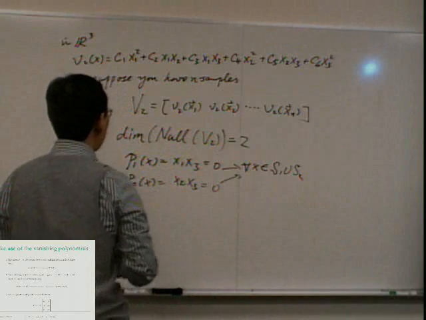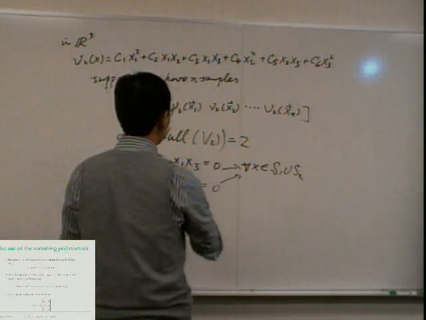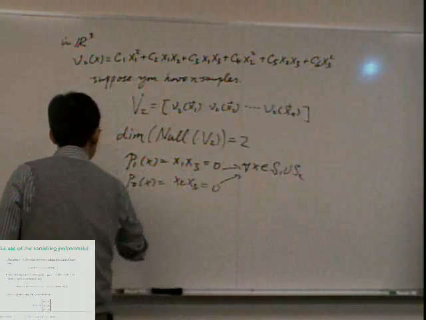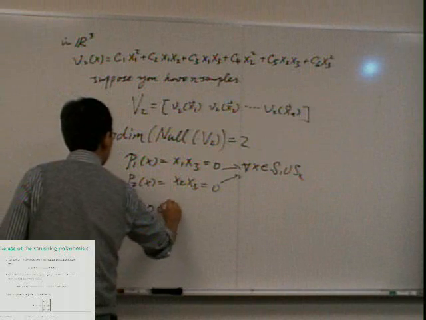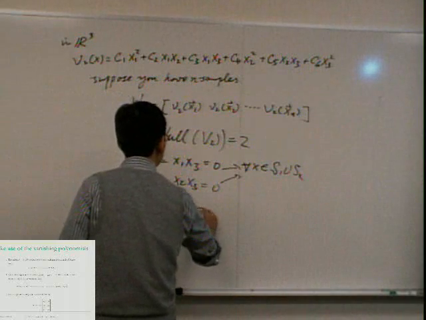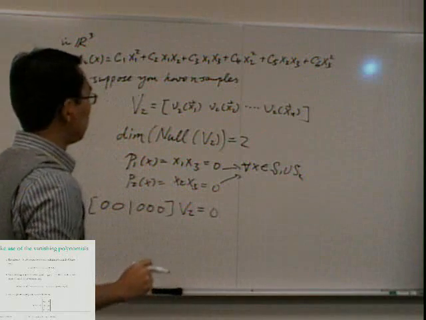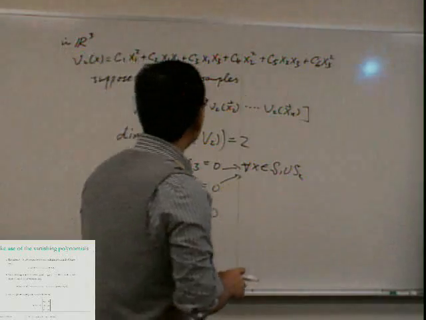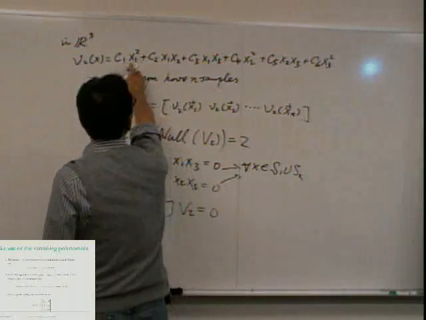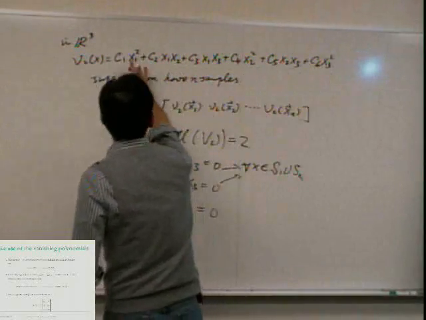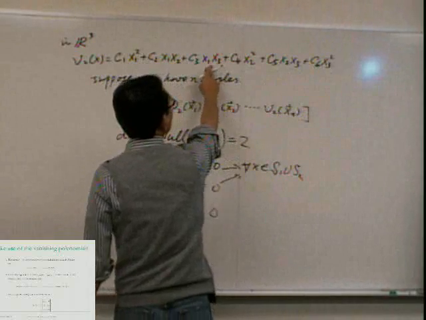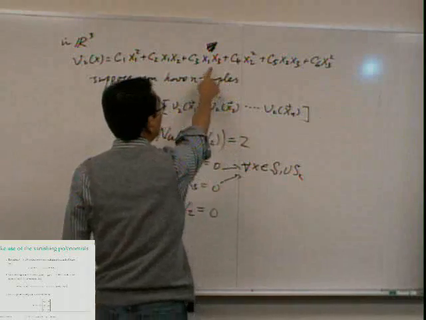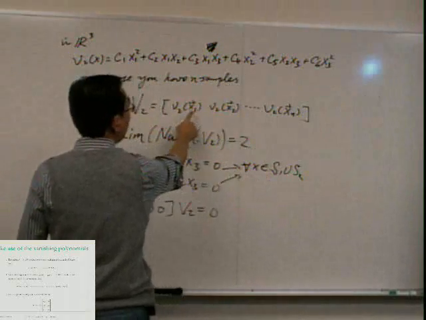So let's track this down. This one is x1x3. So the first vector I'm going to use is 0, 0, 1, 0, 0, 0, times V2 equal to 0. You look at this row: no matter how the other terms change, this term is always 0, no matter which sample you use.